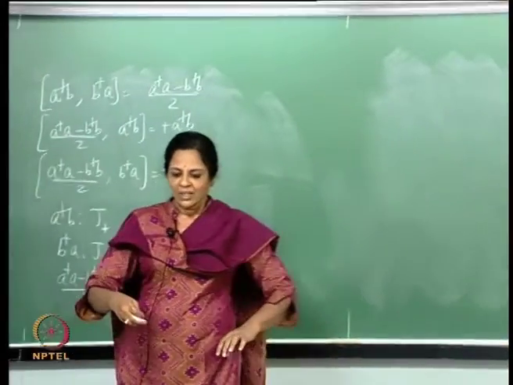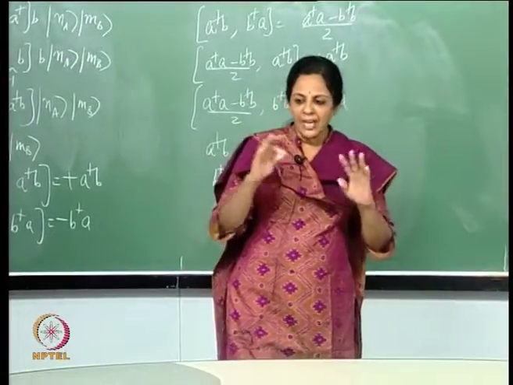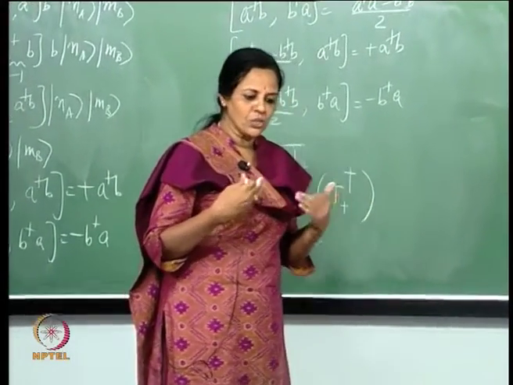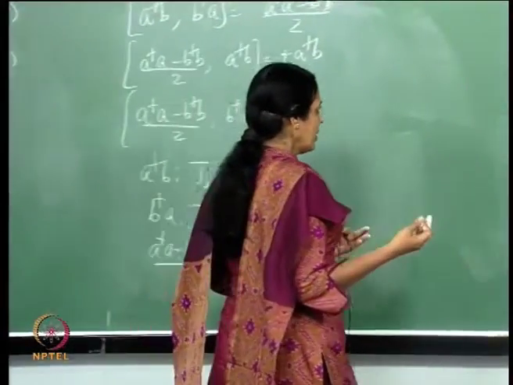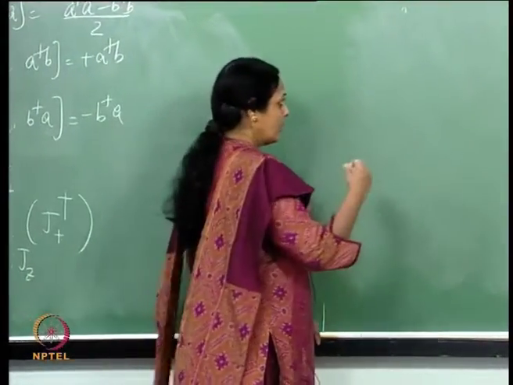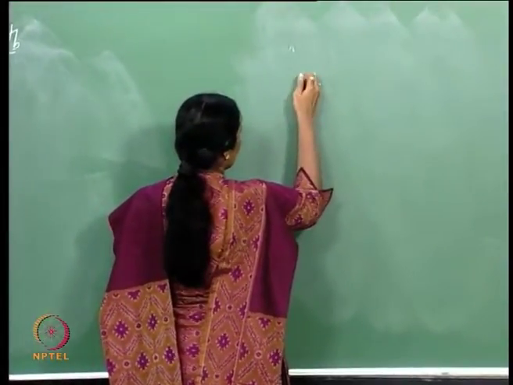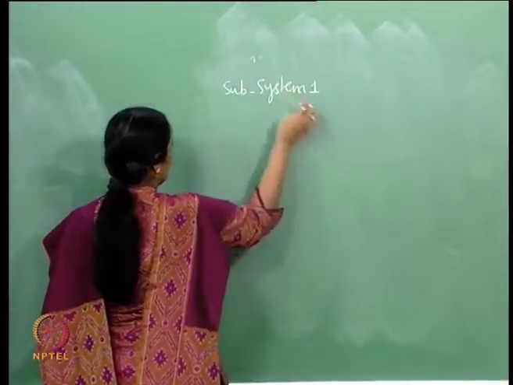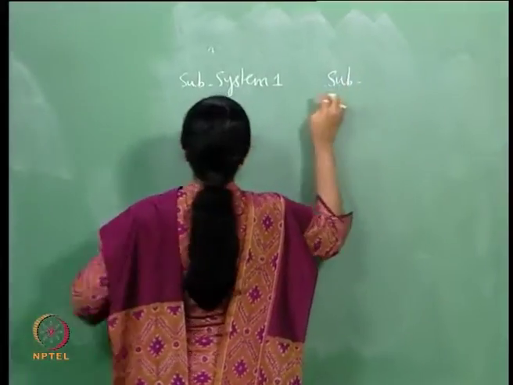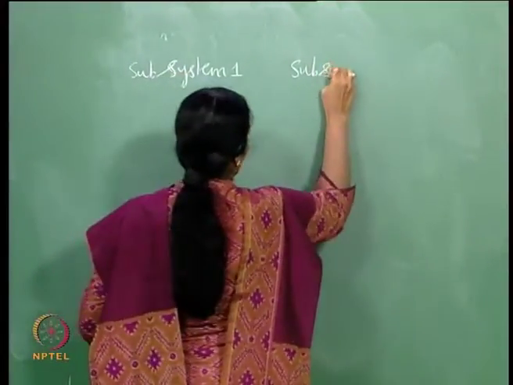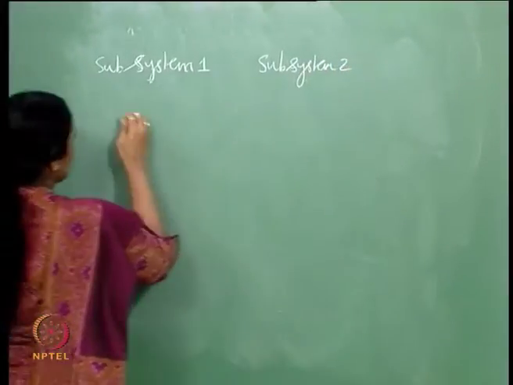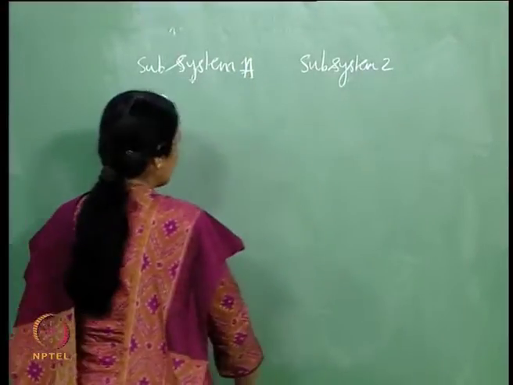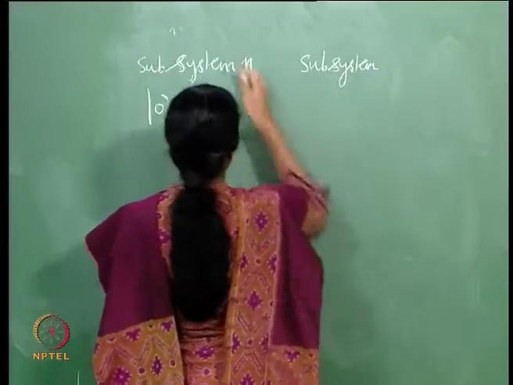Before I proceed, I would like to comment about the dimension of the full space. Once we do a tensor product of the individual subsystem states, the dimension increases in a certain fashion. For instance, if subsystem 1 and subsystem 2 have just 2 basis states, this is subsystem A and that is subsystem B. This is an example that I am considering.